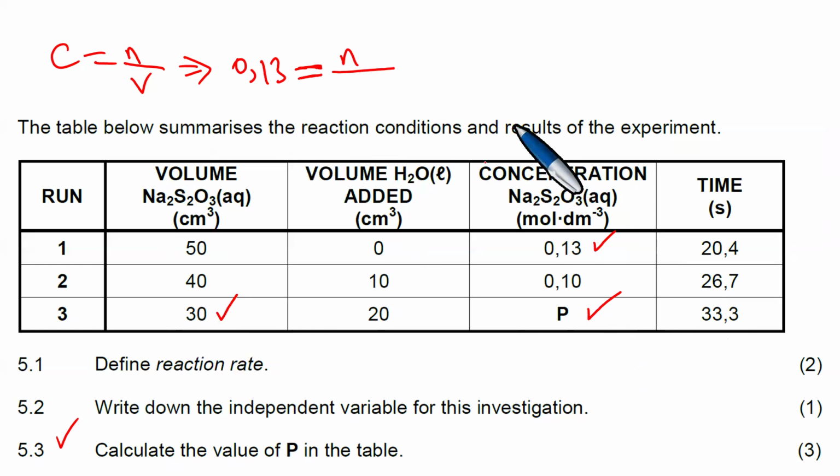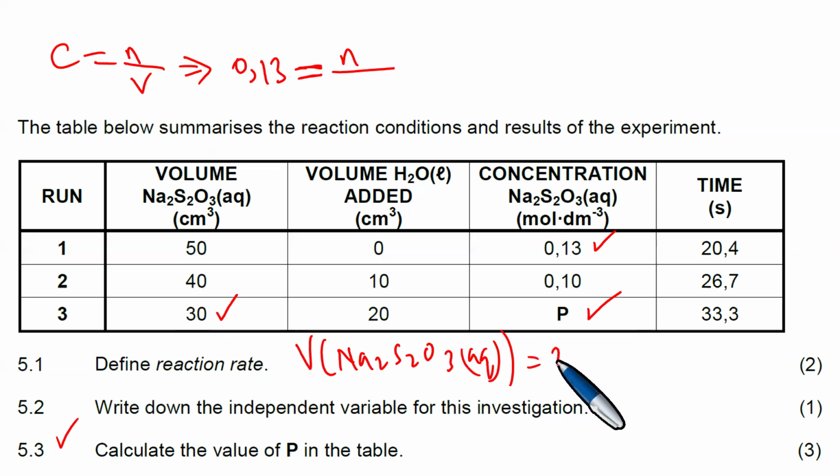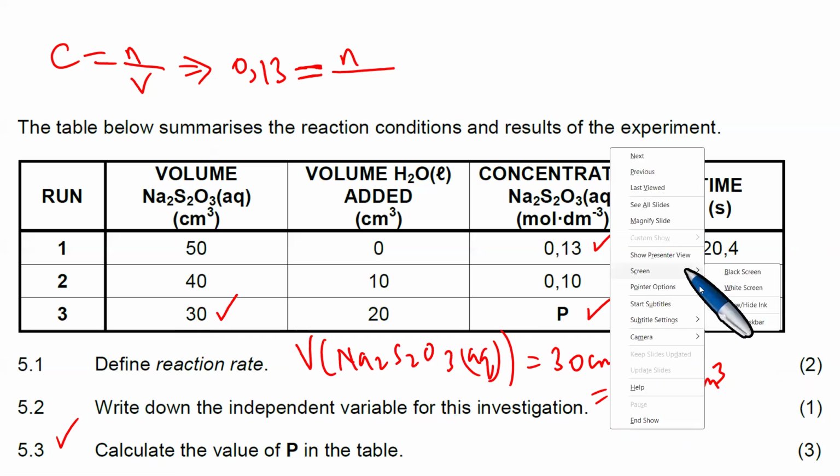Meaning the volume itself, you take the 30, volume of the Na2S2O3 aqueous, is 30 divided by 1,000, 0.03 cubic decimeters, yeah? Check this out.